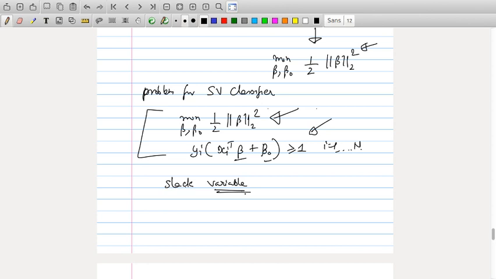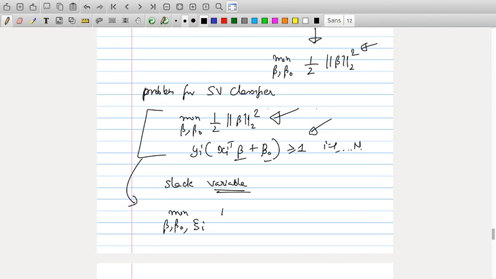I'm going to introduce slack variables to account for that, and it's going to look like this. I'm going to minimize over beta, beta naught, and ci. So there's going to be one slack variable per observation. And what does that variable do? It's trying to capture the issue that some data points may not be margin m away from the hyperplane.